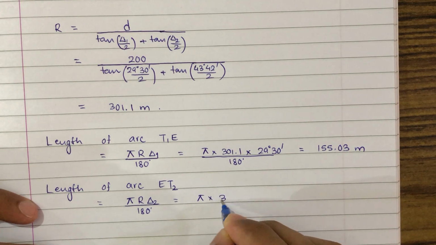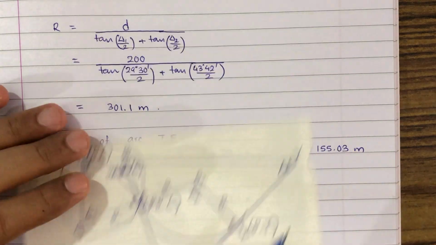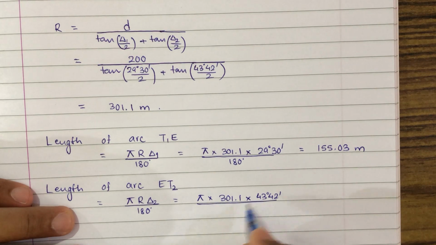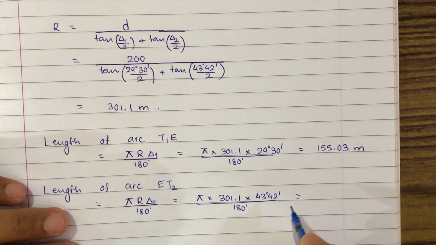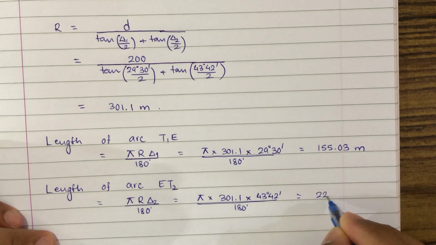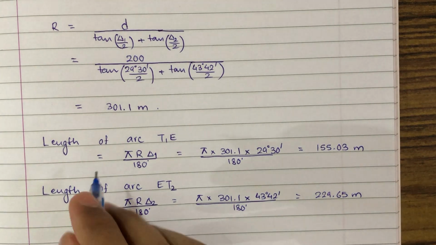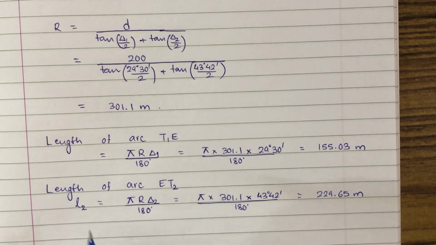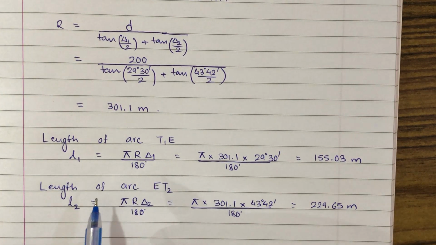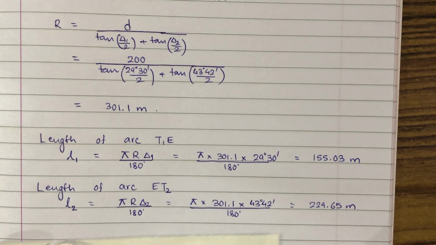R is the same, that is 301.1, and delta 2 is 43 degree 42 minutes, divided by 180 degree. This value of length comes out to 229.65 meter. Let this length be L2 and let this length be L1. So L1 is 155.03 and L2 is 229.65.